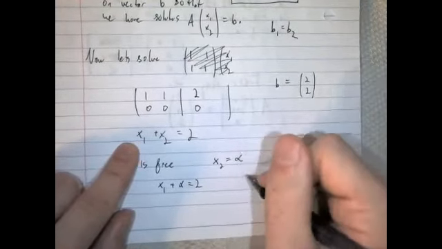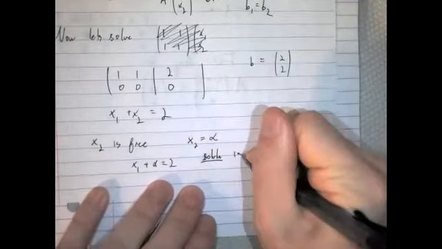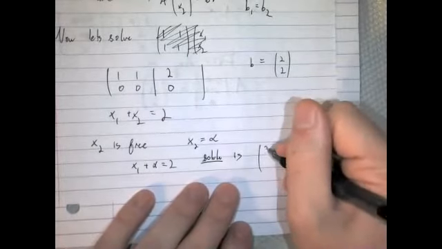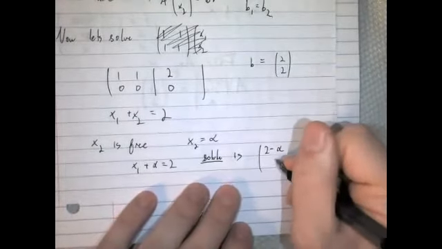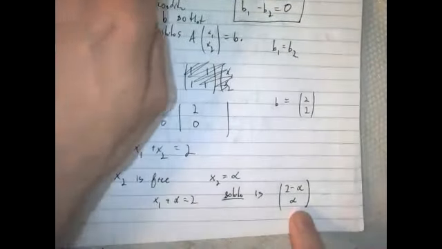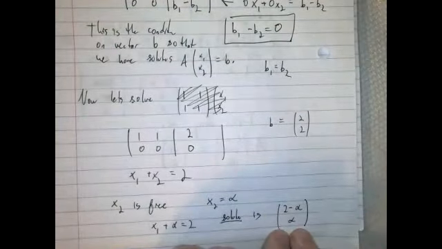And then here I'm going to have x1 plus alpha is equal to 2. Or in other words, the solution is (2 minus alpha, alpha). The matrix 1, 1, 1, 1 will always send (2 minus alpha, alpha) to (2, 2). And we can just literally check this.